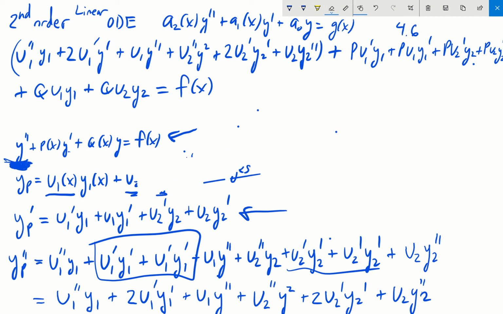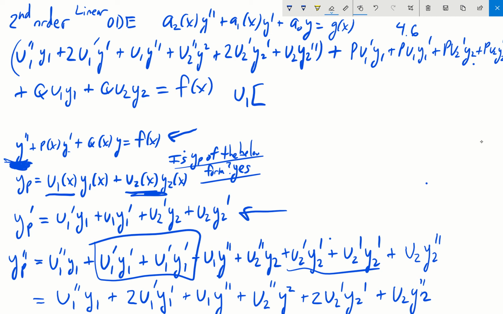Alrighty. Now is where the fun part begins. What we notice is there are certain terms that have things in common. For instance, let me combine all of the terms that have a u1 with them. At the end of the day, let's keep our eye on the prize: we're trying to solve for u1 and u2. So any term that has a u1 with it, I want to factor out the u1.